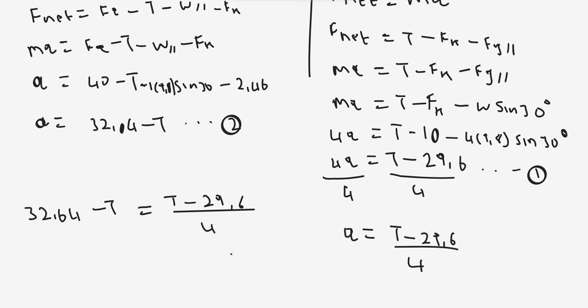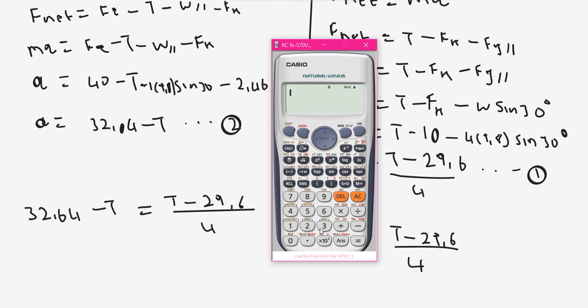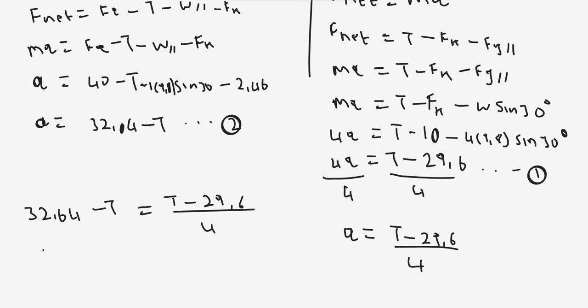And when we solve for T, we first start by cross multiplying: 32.64 times 4 is 130.56, minus 4 times T is negative 4T, equals T minus 29.6.